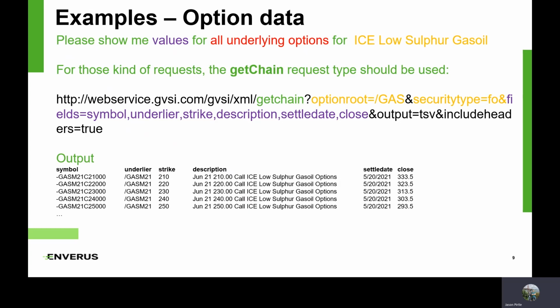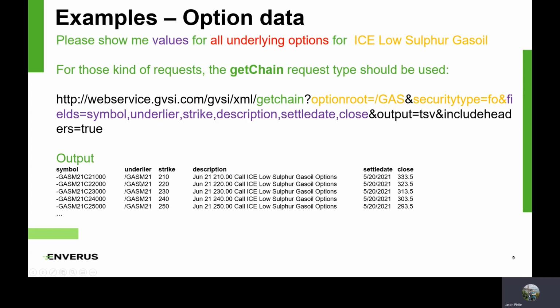What this request does is allow you to pass in the underlying futures contract as an option root, and you change the security type to FO, and it will fetch all of the options for that contract. What I mean by that is all of the futures contracts for gas.